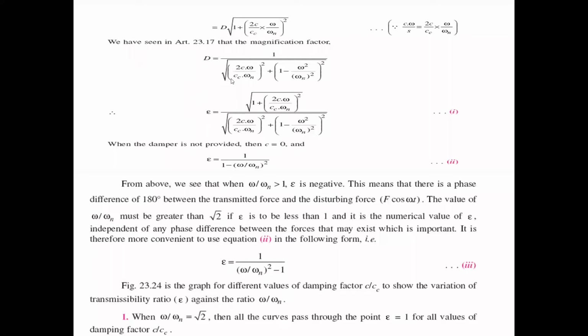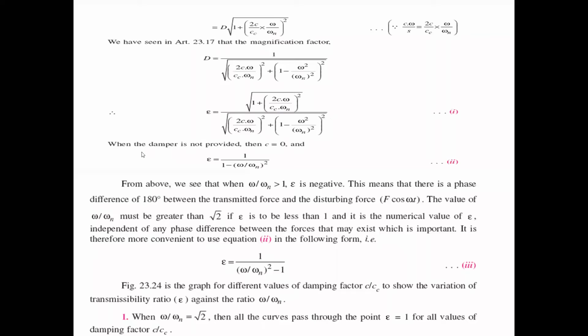This value is substituted in our earlier equation. So when we substitute that, E equals square root of 1 plus (2c omega by cc omega n) whole square, by square root of (2c omega by cc omega n) whole square plus (1 minus omega square by omega n square) whole square.